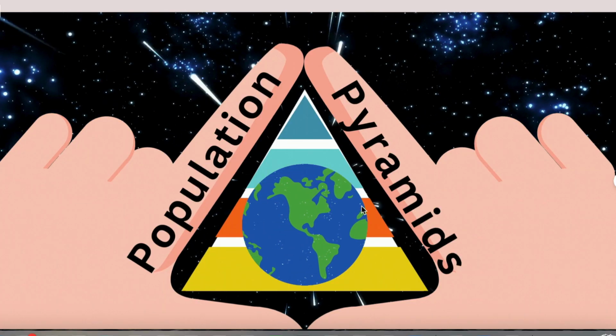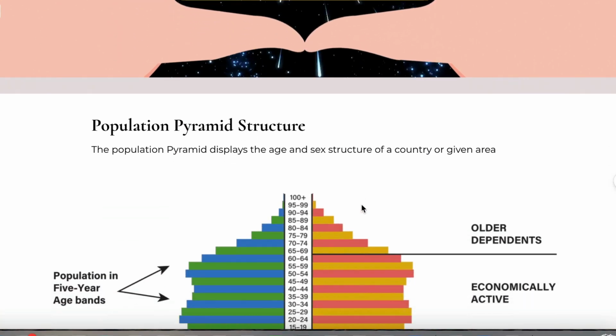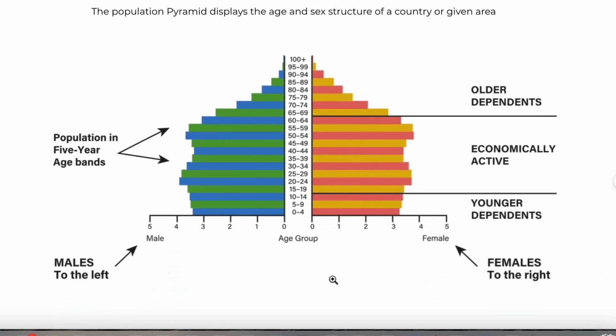So looking at our population pyramids, just to get an idea where these shapes are coming from. The very base of the pyramid is very young. That's children. And they're children that are usually considered dependents because they shouldn't really be working.